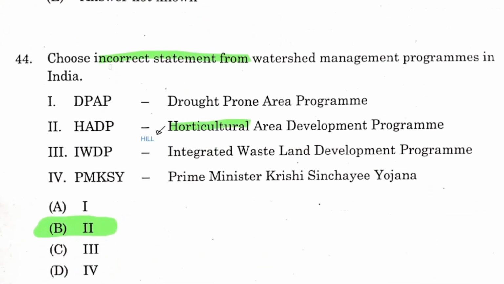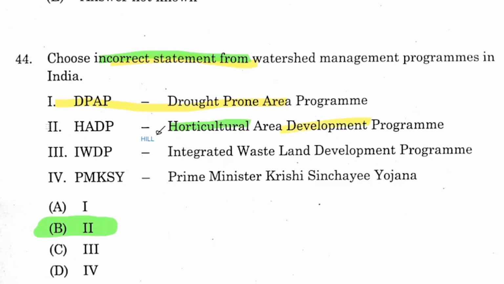Next question is choose the incorrect statement from a watershed management program in India. So DPAP is drought prone area program, that is correct. HADP, that is not horticultural, that is hill area development program.